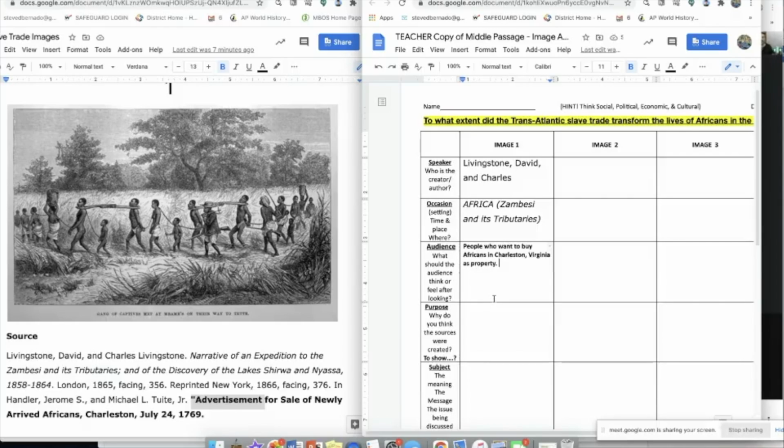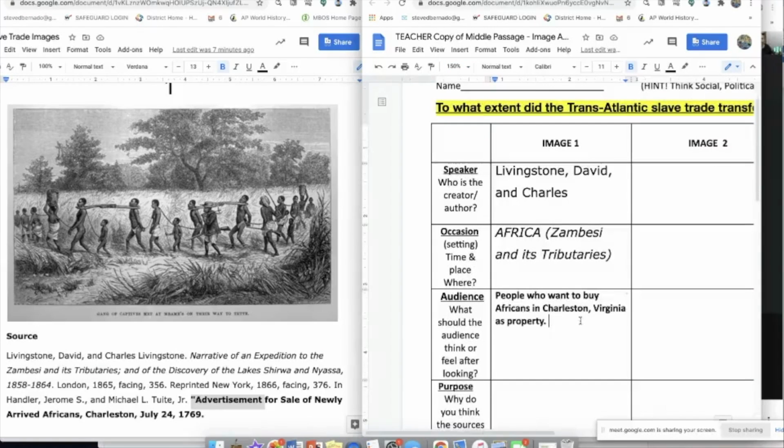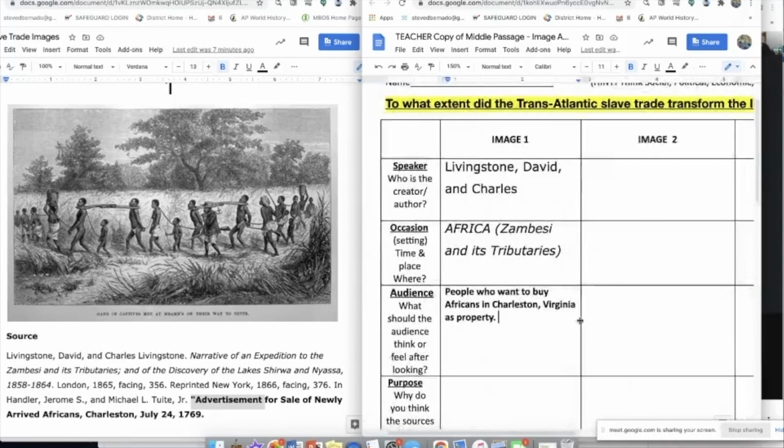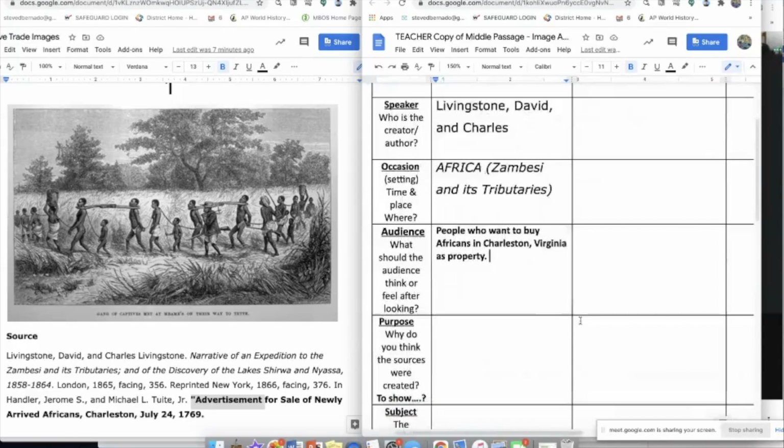This is the biggest difference of slavery around the world, this type of slavery. It's called chattel slavery, where human beings become property. Asians and Southeast Asians and Middle Easterners and Europeans for thousands of years had slaves.